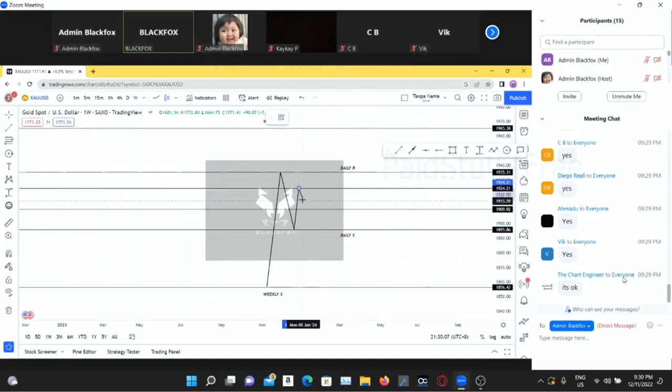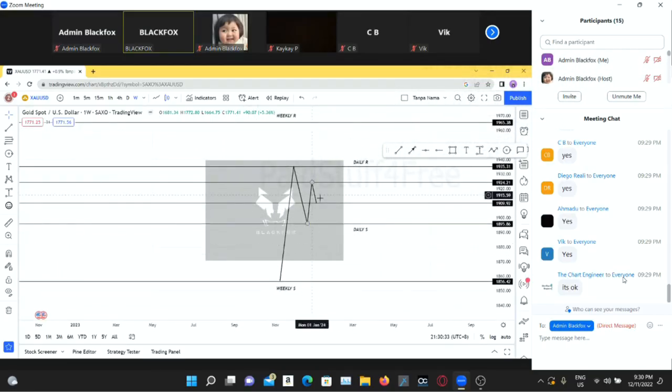Then the price makes the same movement. When price respects H4 resistance, then price goes to find H4 support. That is the H4 storyline. Weekly has a storyline, daily has a storyline, H4 also has a storyline, just like that.